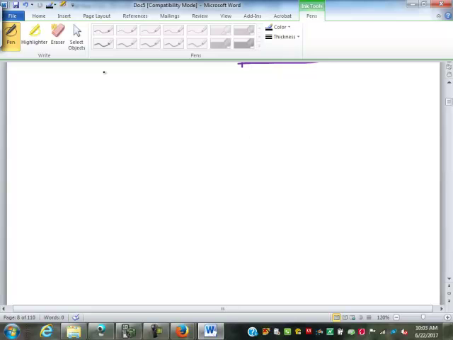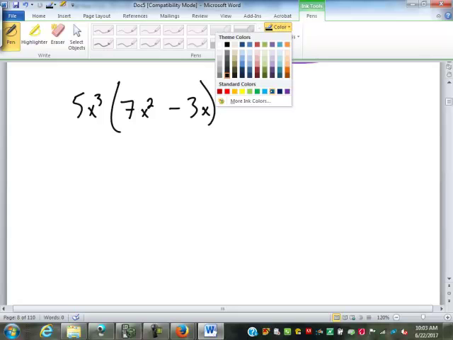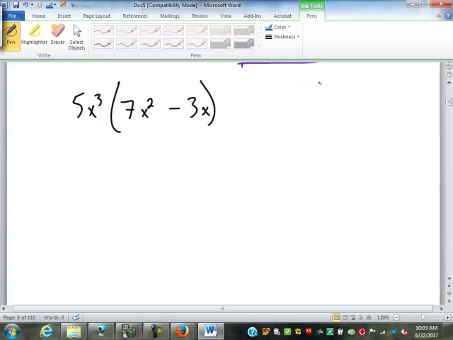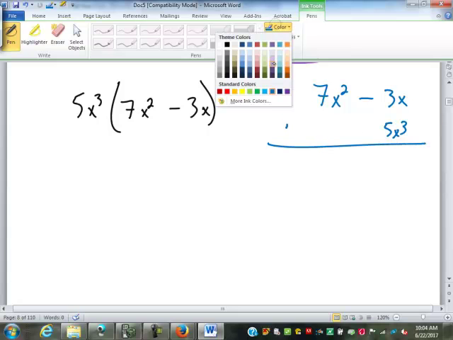We've looked at multiplying larger things. Like this. Now we looked at it, really the long way of doing it, I shouldn't say long way, the full way of doing it was to write it out. 7x squared minus 3 times 5x to the 3rd.